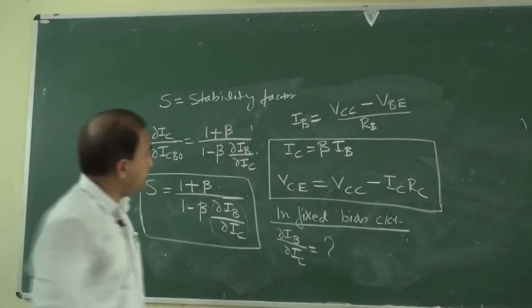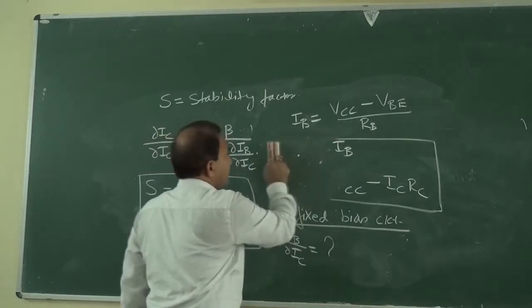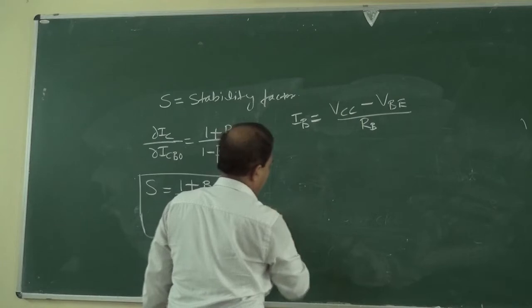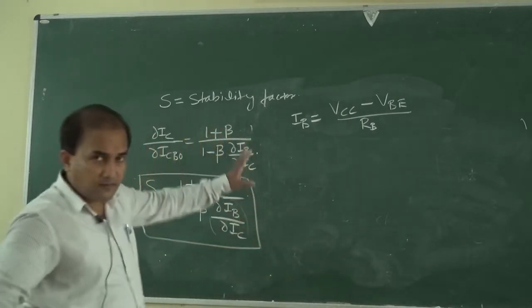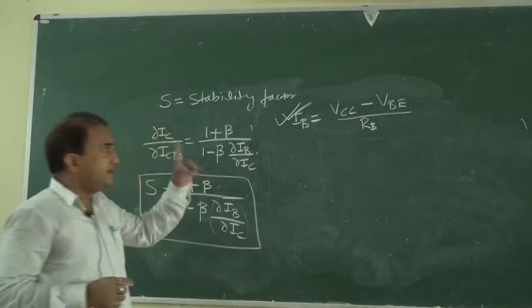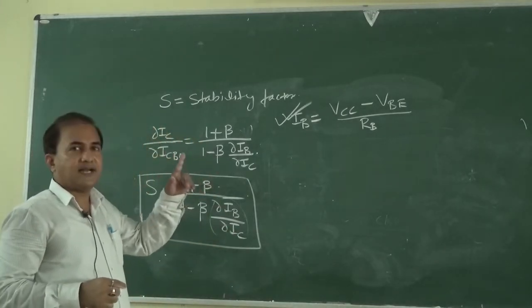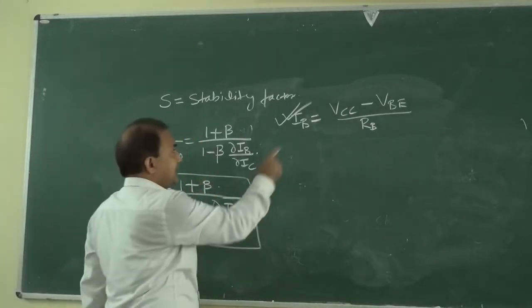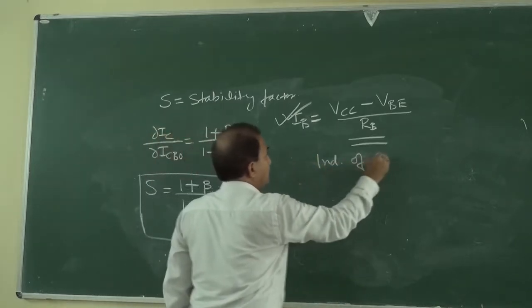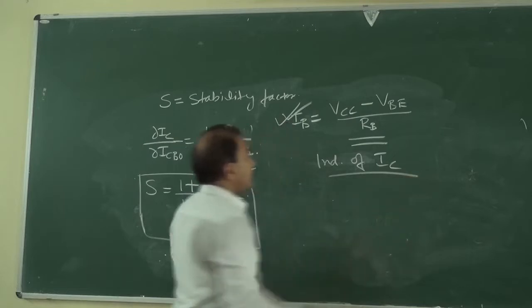In fixed bias circuit, the expression for IB is equal to VCC minus VBE divided by RB, and it is independent of IC.